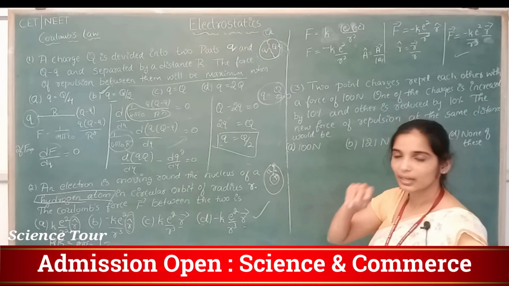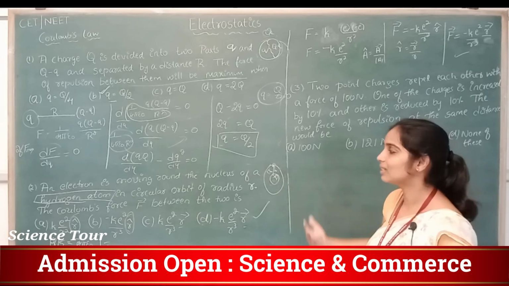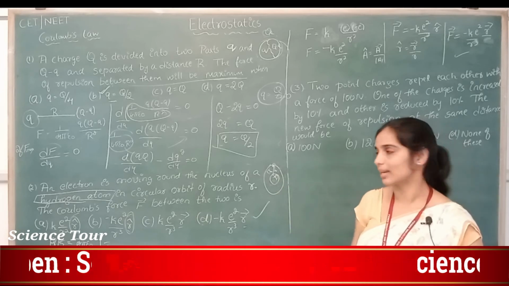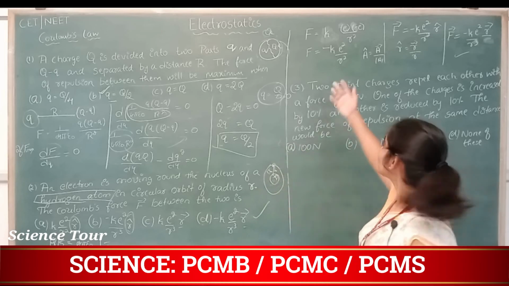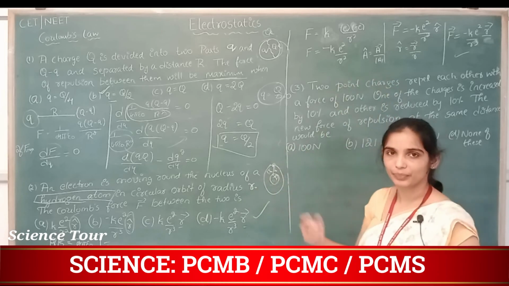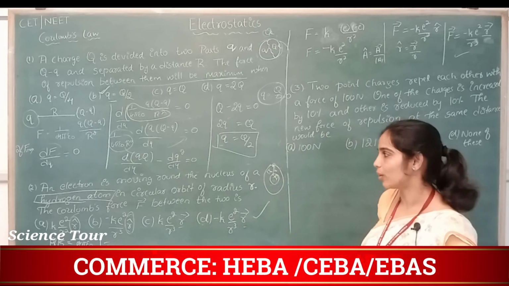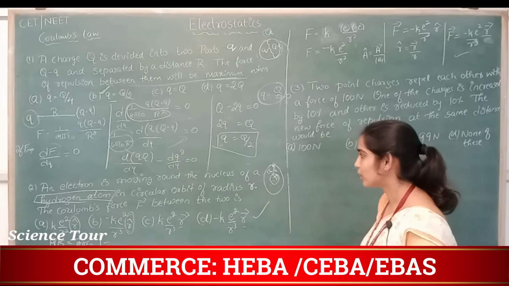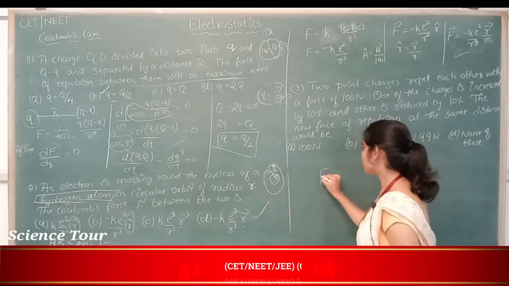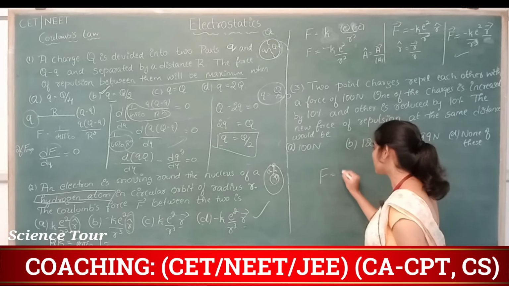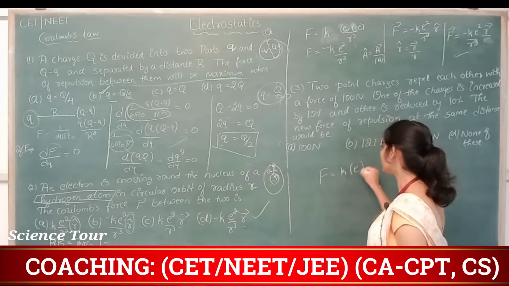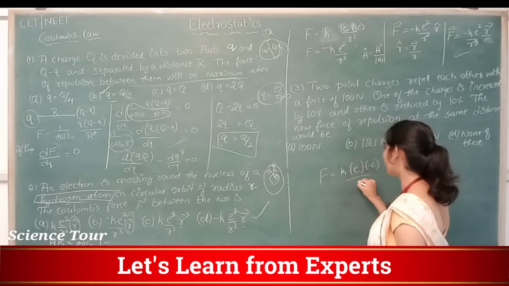Again, it doesn't require more than 30 seconds, because you won't spend time explaining, you will be doing it on your own. So read the question, you know the charges, force is equal to k into e into minus e divided by r square.